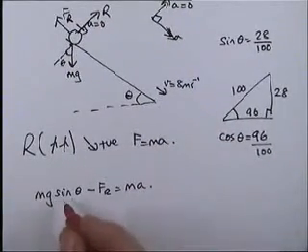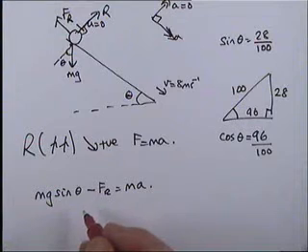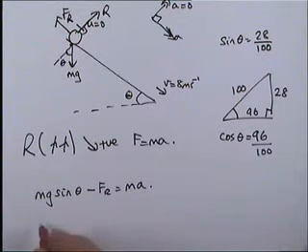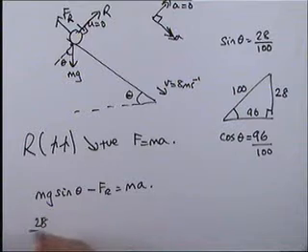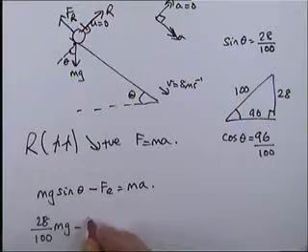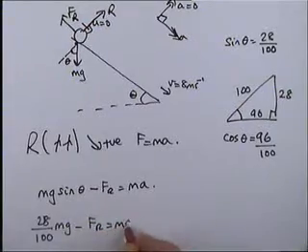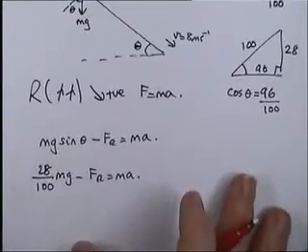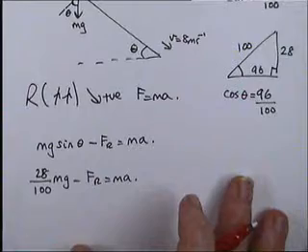And sine theta equals 28 over 100. So we can write that as 28 over 100 mg minus friction equals ma. And we can cancel that fraction down if you like, but don't need to.